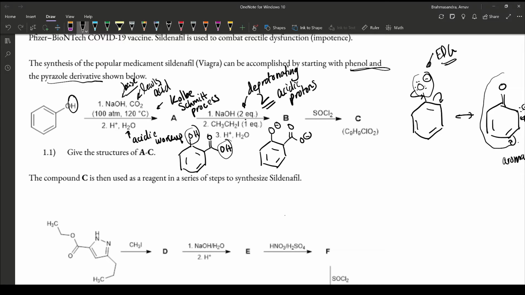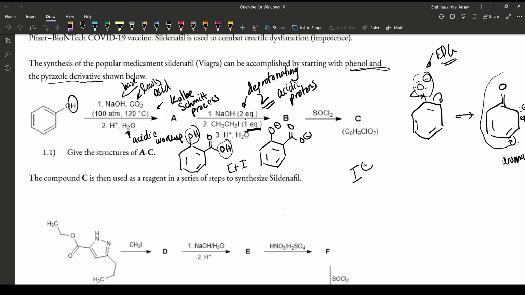Next, you can see we add 1 equivalent of ethyl iodide. So what is ethyl iodide? Ethyl iodide can basically be used as an electrophile, right? The carbon connected to the iodine is a little bit electrophilic because the iodine withdraws electron density, and the iodine is a very, very good leaving group, right? I- is very stable.